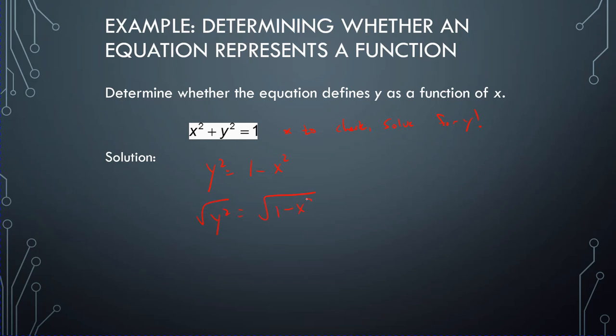But remember, when you take a square root to solve an equation, you get two solutions. So notice for certain values of x, you're going to get two answers, one positive and one negative. So thus, each x value here is going to give two y's.